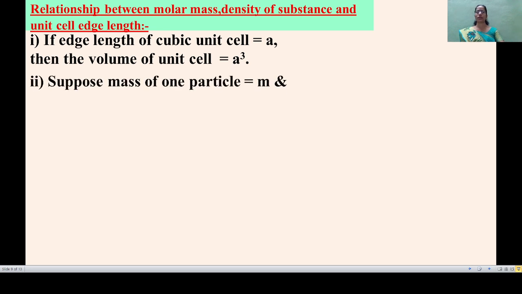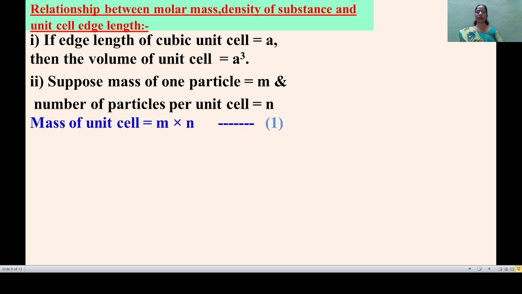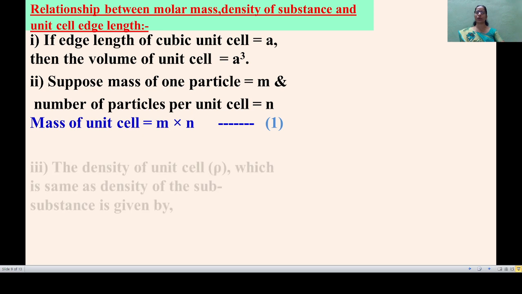Now suppose the mass of one particle in the unit cell is m, and the number of particles per unit cell is denoted by n, then the mass of the unit cell will be equal to the mass of a single particle into the number of particles per unit cell, that is m into n. Suppose this is equation number 1.